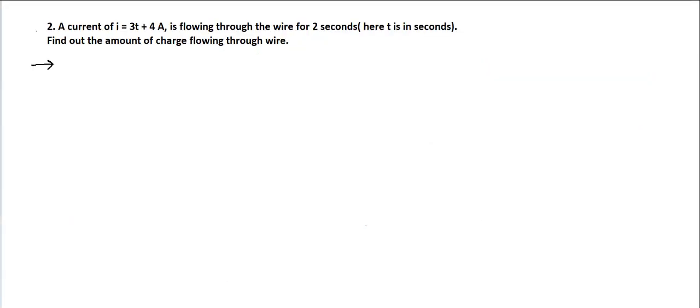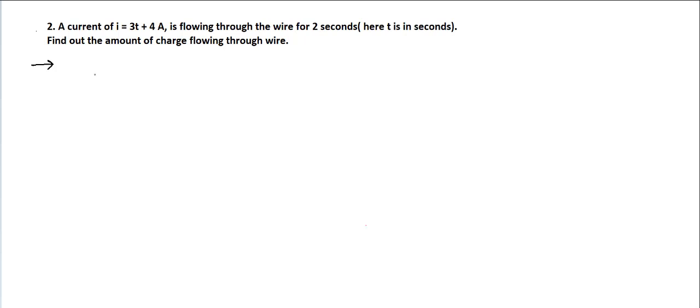Okay, now let's go for question number two. Given a current of I is equal to 3t plus 4 amps is flowing through the wire for 2 seconds. Here t is in seconds. Find out the amount of charge flowing through the wire.